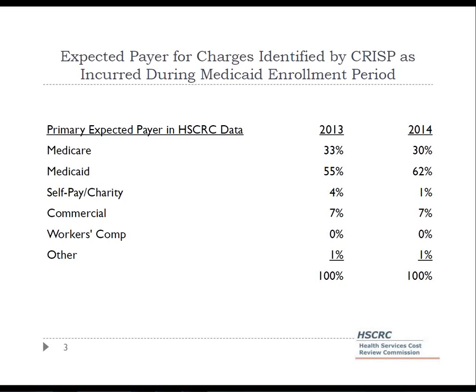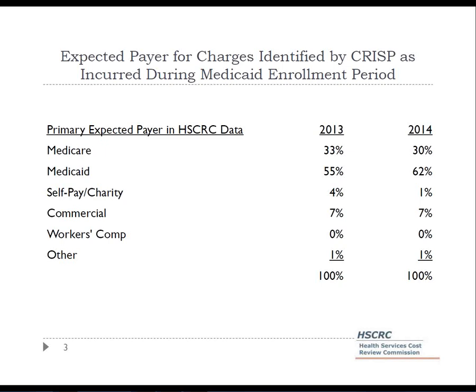And again, that makes sense because we're going to be capturing dual eligibles in the Medicaid eligibility files. So these people likely were eligible for both, and Medicare was probably appropriately identified as the primary payer, with Medicaid as the secondary payer. And then you can see self-pay charity. There was about 4% of the charges in Medicaid in 2013 that had been identified in our data as self-pay charity, which is somewhat consistent with the idea that some of the Medicaid pending was being reported as self-pay charity.